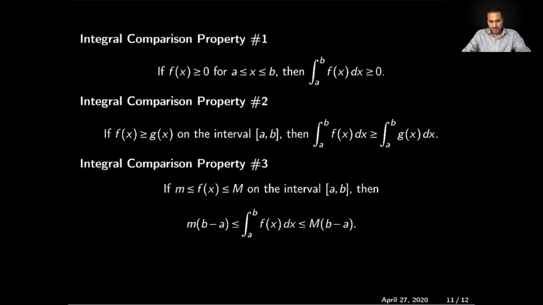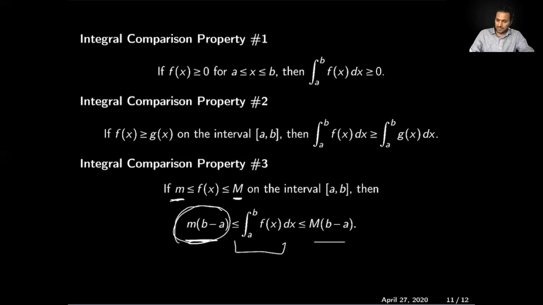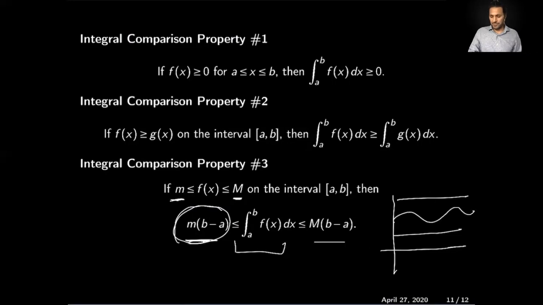The last one, property number 3, is the integral comparison test, which says that if the function is bounded between two constants, the definite integral will be bounded between two numbers, which is basically the area of the minimum rectangle and the maximum rectangle. Geometrically, if the function is between the absolute min and absolute max on the interval a to b, this is the minimum area, and that is the maximum area.